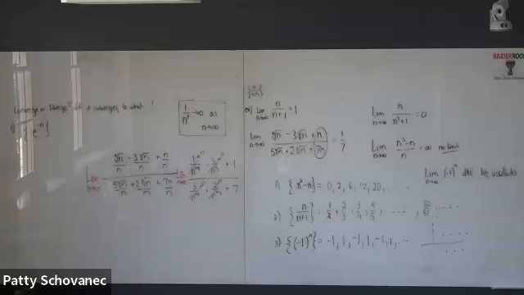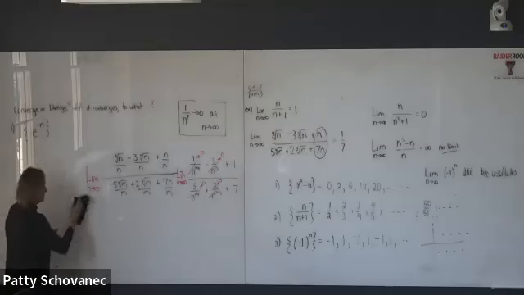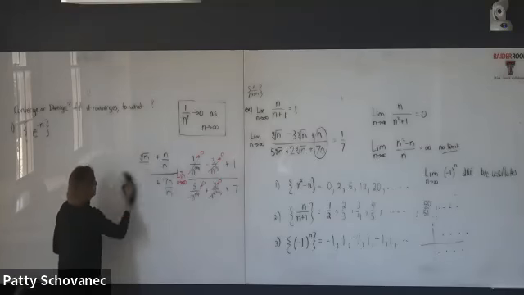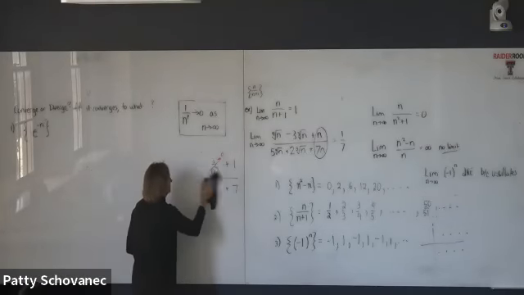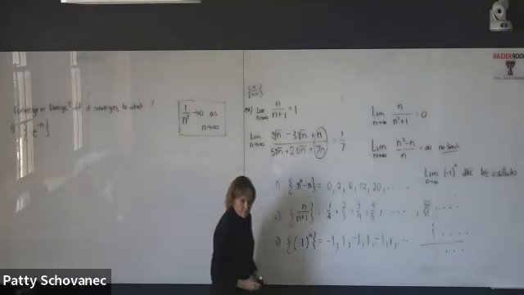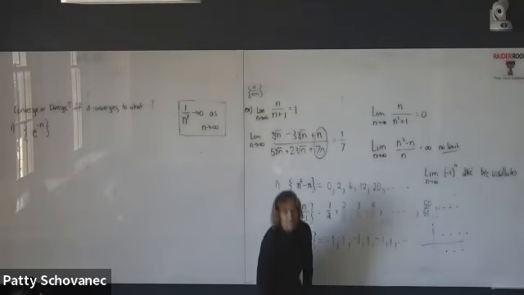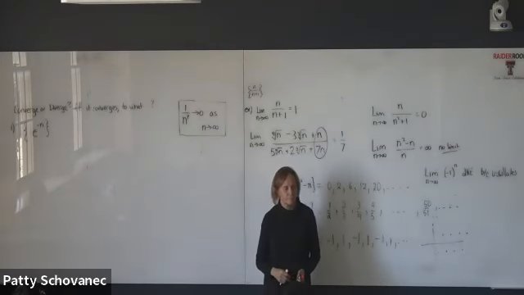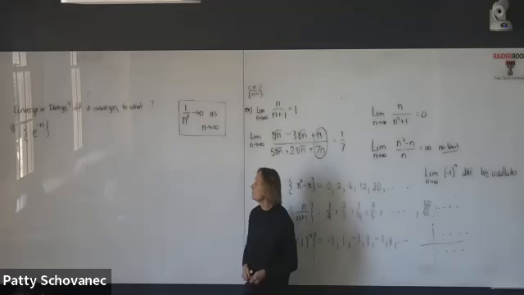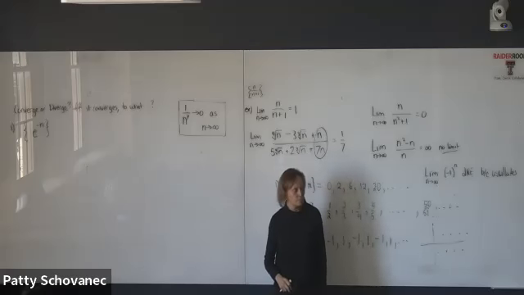E to the minus 1, e to the minus 2, e to the minus 3, e to the minus 4. Those are the terms in this sequence. What's your intuition?